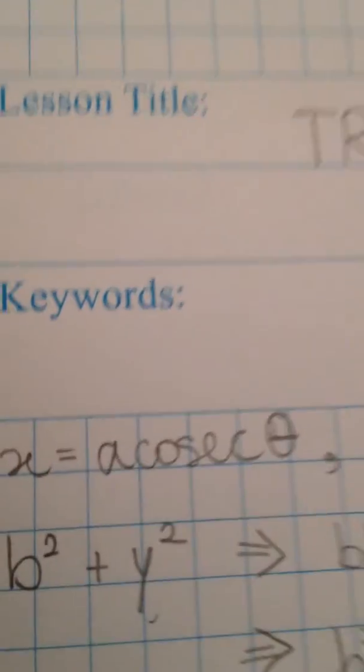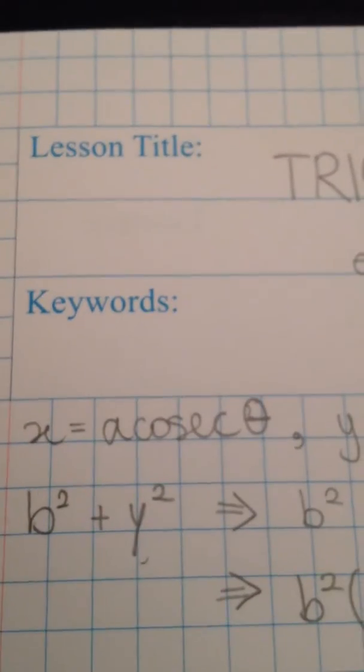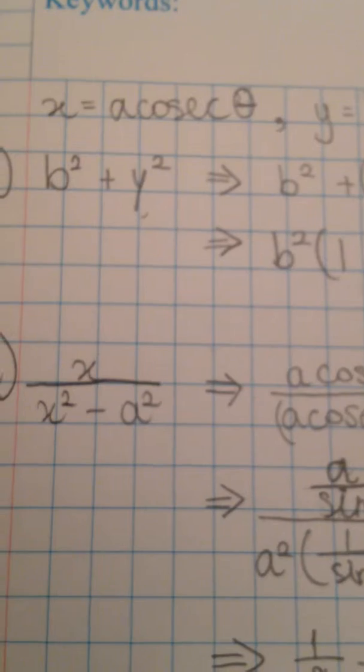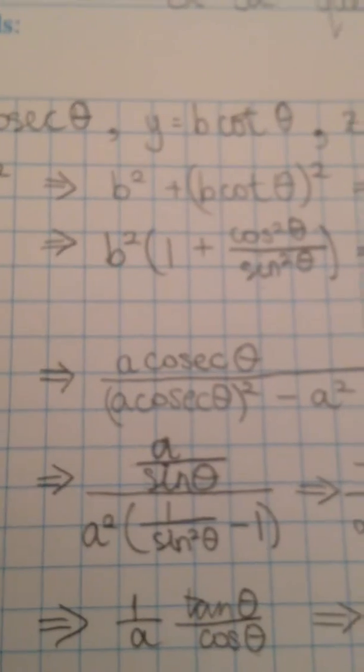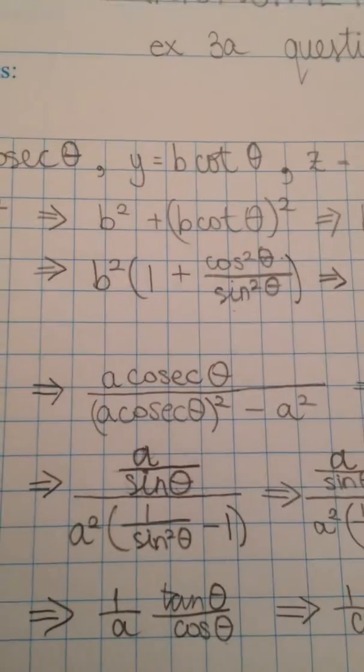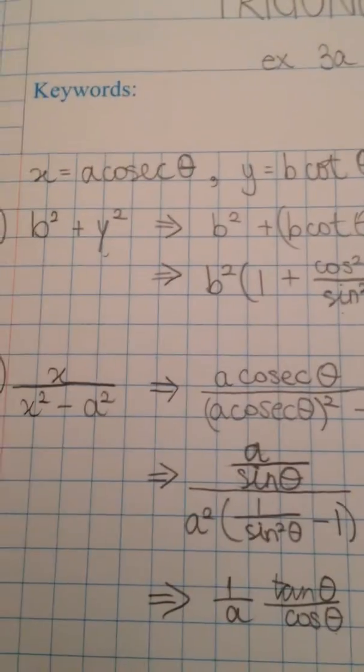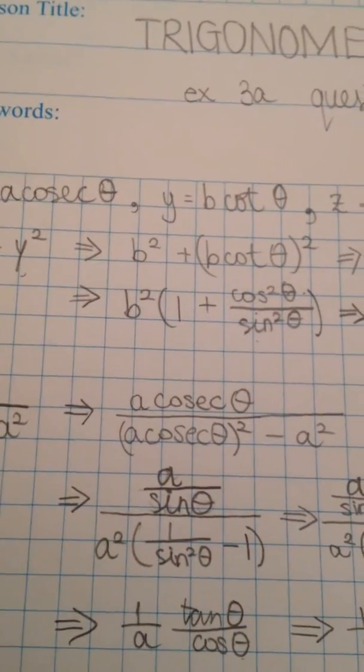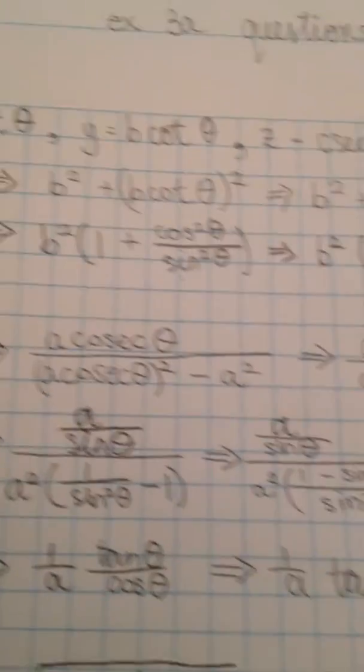And then for my next question, which was D, x over x squared minus a squared. We know that x is a cosecant theta. So in the first transformation right here, I changed the x, and at the bottom here I changed it to a cosecant theta squared.